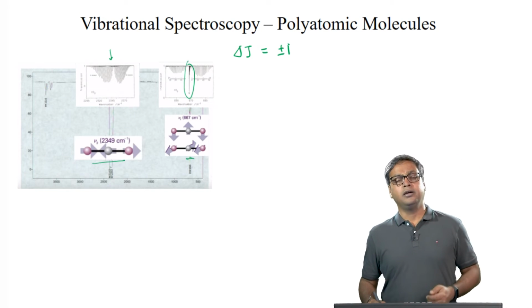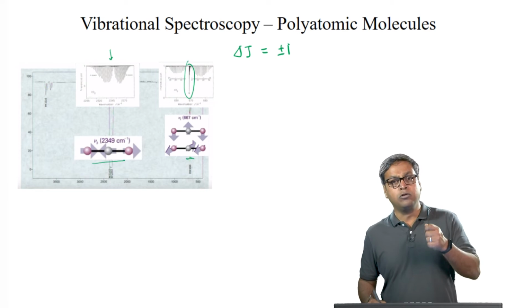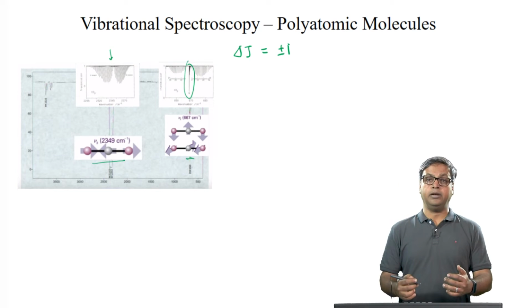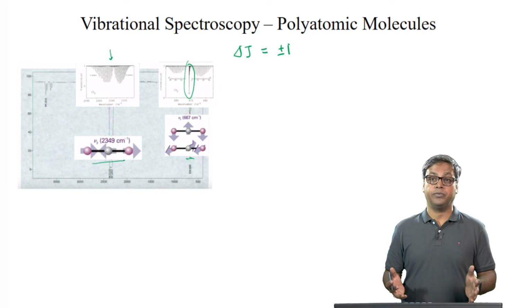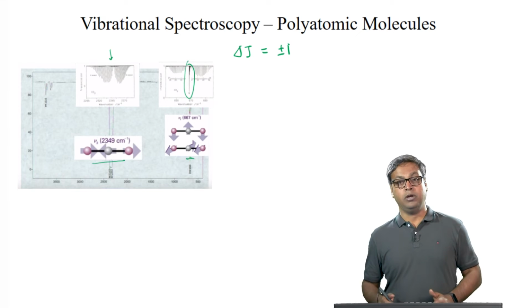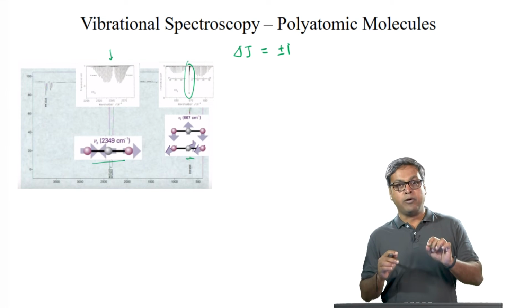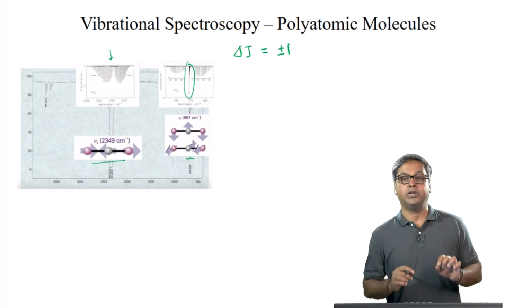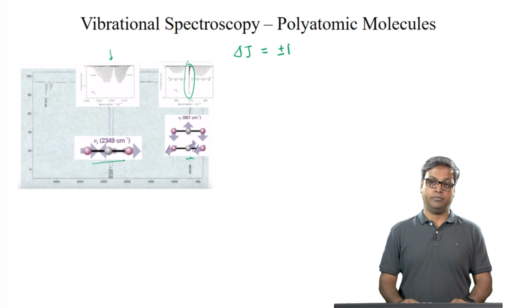But where did the angular momentum of the photon go for the perpendicular band when delta J equals 0? The angular momentum goes into the bending vibration, and this type of vibration, that is the bending vibration, has angular momentum.